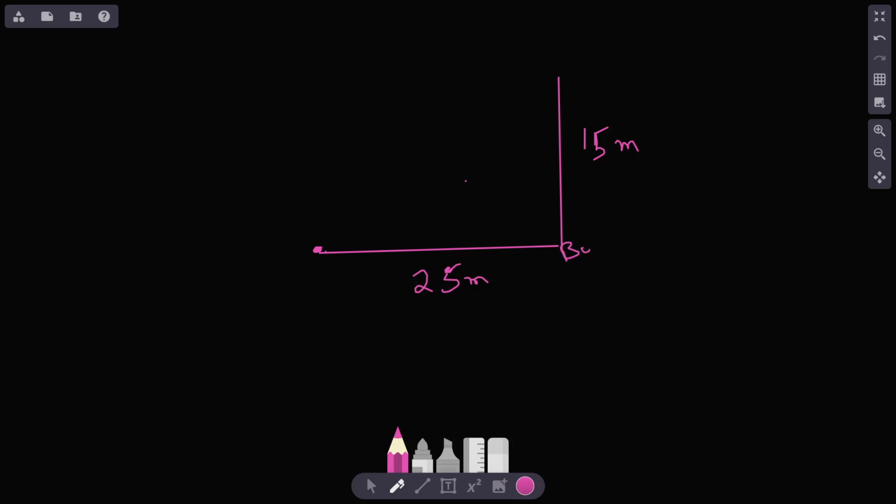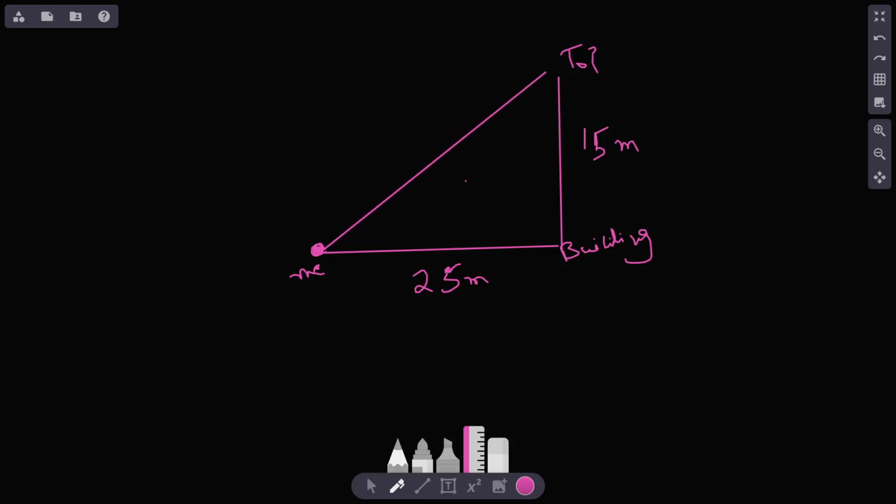So this is the building, this is the top of the building, and this is me. Now at which angle am I looking? If I am looking at the top, the line of my eyesight will be connected to the top.